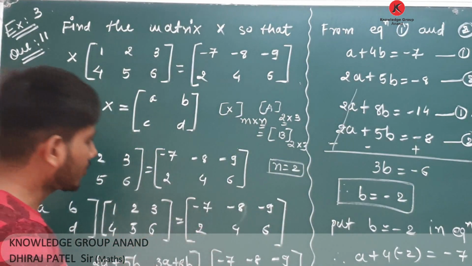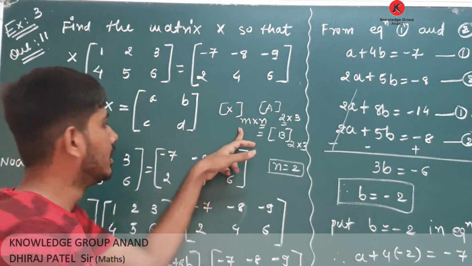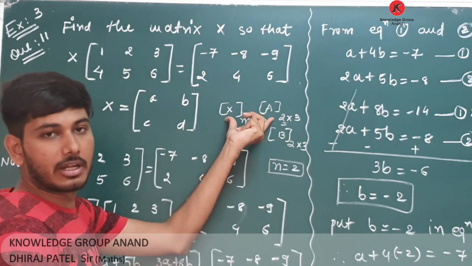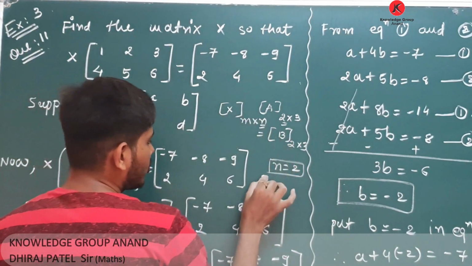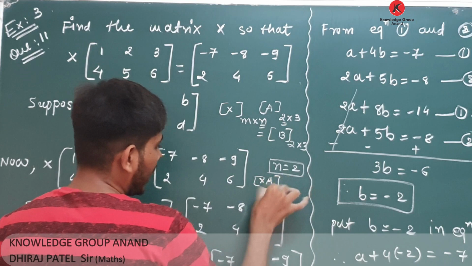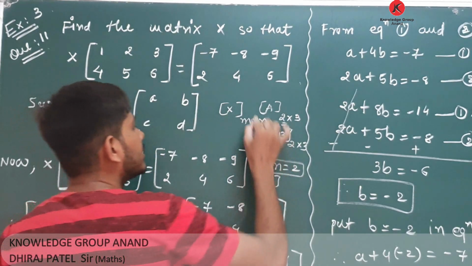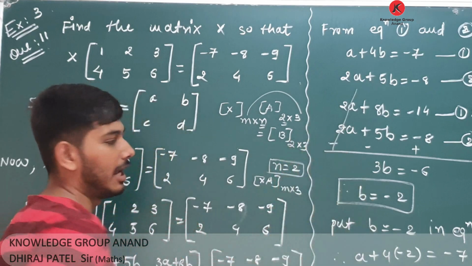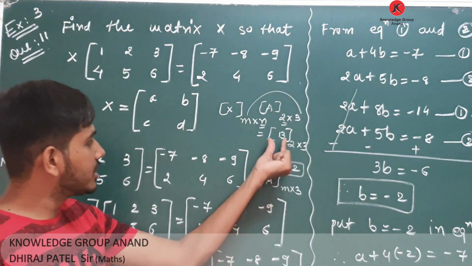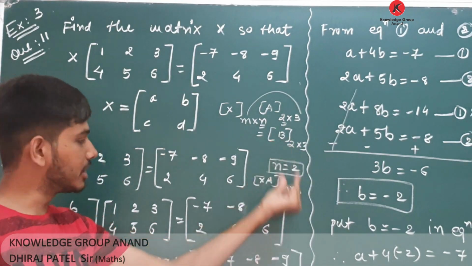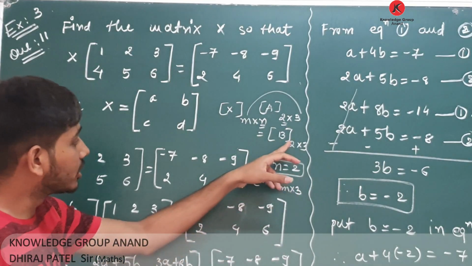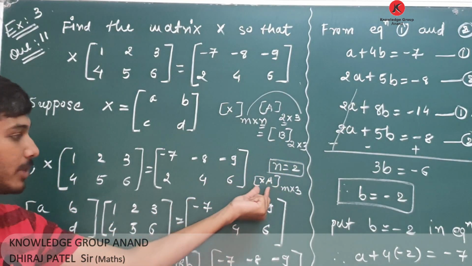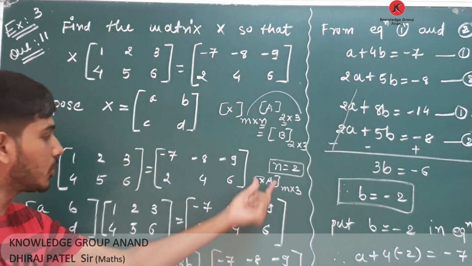Now second, the multiplication of these two matrices, X into A, has the order m by 3, and it equals matrix B. Therefore the order of matrix B and the order of matrix XA must be equal.